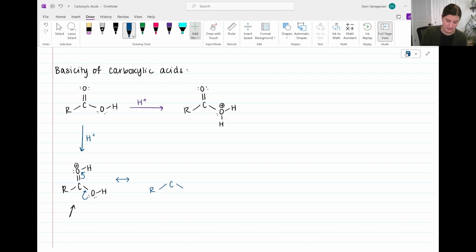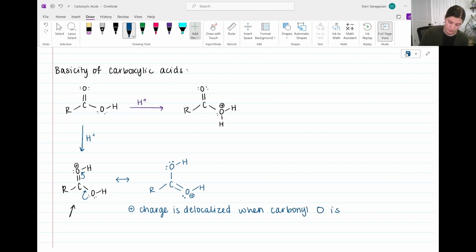And so in the resonance structure, our carbonyl oxygen is now neutral, and the OH group oxygen, the oxygen that was originally the OH group, now has that positive charge. So this positive charge is delocalized when carbonyl oxygen is protonated.